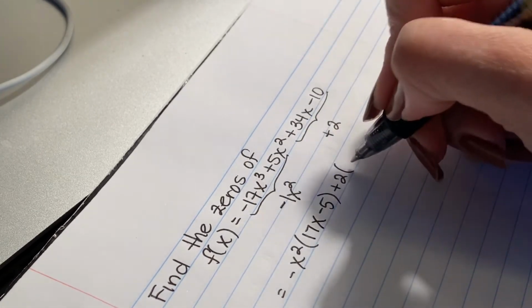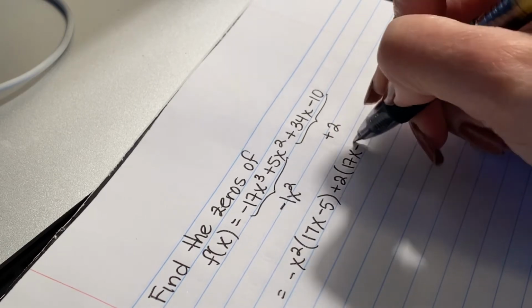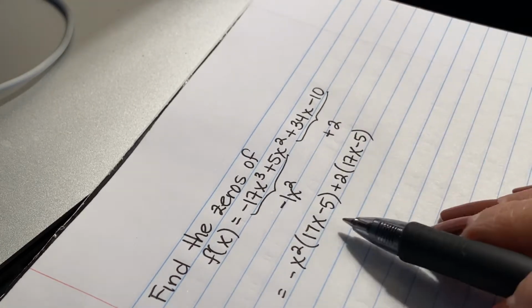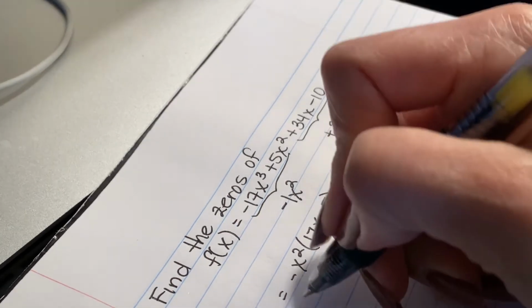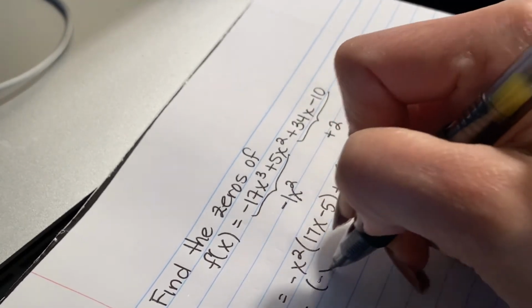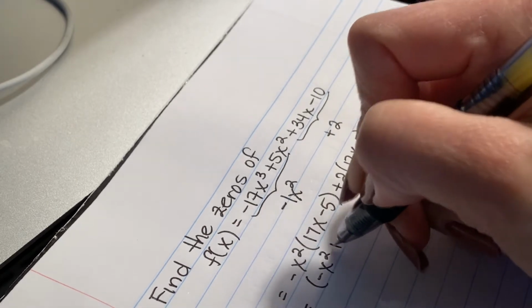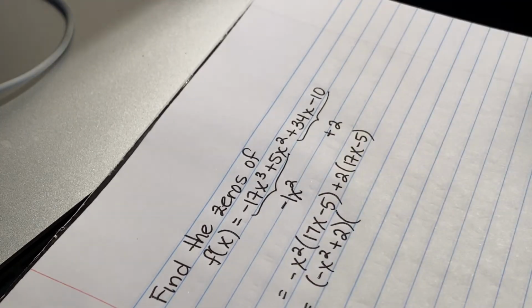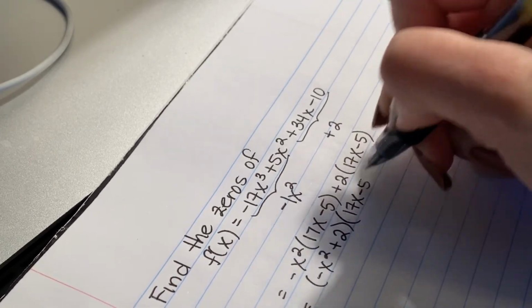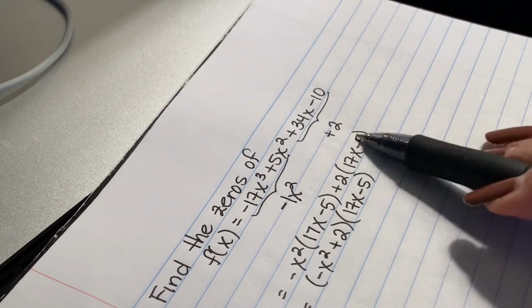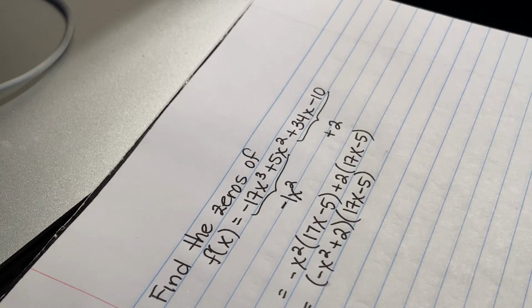And once you divide those two, you will notice you also get 17x minus 5. We always hope to see that both of these are identical, which in this case they were. And we'll write the GCF in one set of parentheses. That will become one factor. And the other factor was 17x minus 5, which was the greatest common factor for this entire expression.